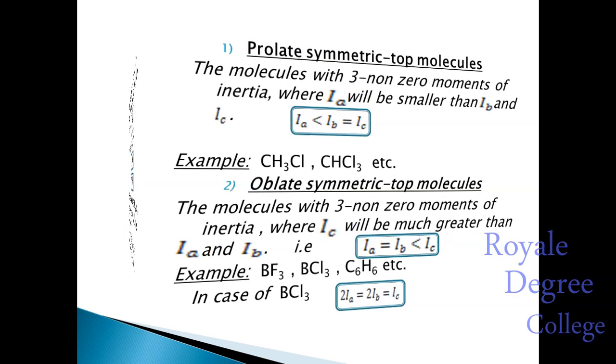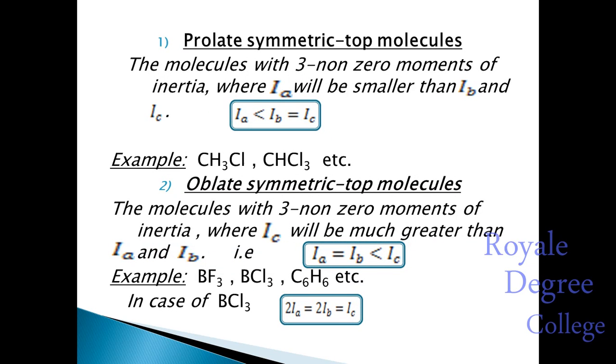Now we will see first of all prolate symmetric top molecules. These are molecules with three non-zero moments of inertia where IA will be smaller than IB and IC. Here we can represent it like this: IA is less than IB and IB is equal to IC. Look at this once again.